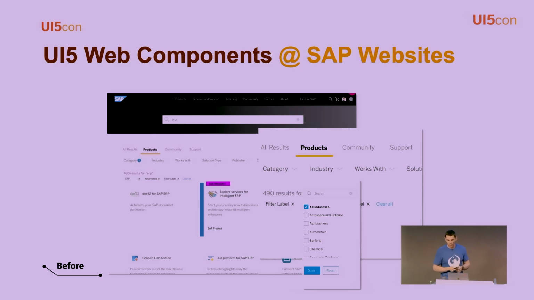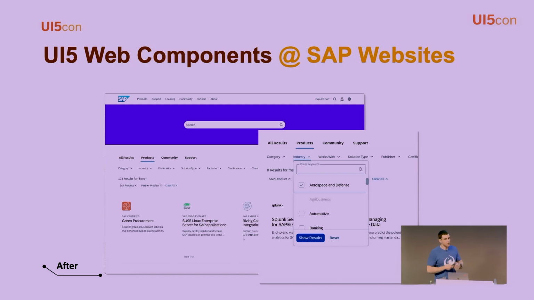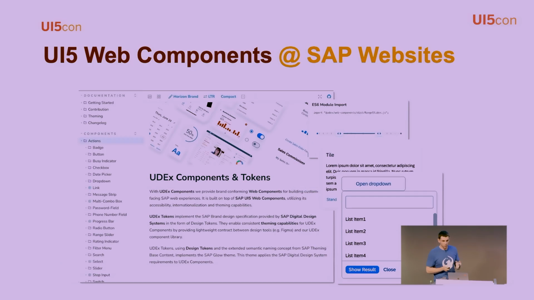And we had a really nice collaboration with the responsible teams for these websites, SAP Marketing and IT. They basically applied this new SAP Digital Design System, and they've done it, again, through the web components. The interesting fact is that they not only used the UI5 Web Components as, for example, the Signavio example, to just use the tags and get everything, but they built their own custom web components library called UDX Web Components.